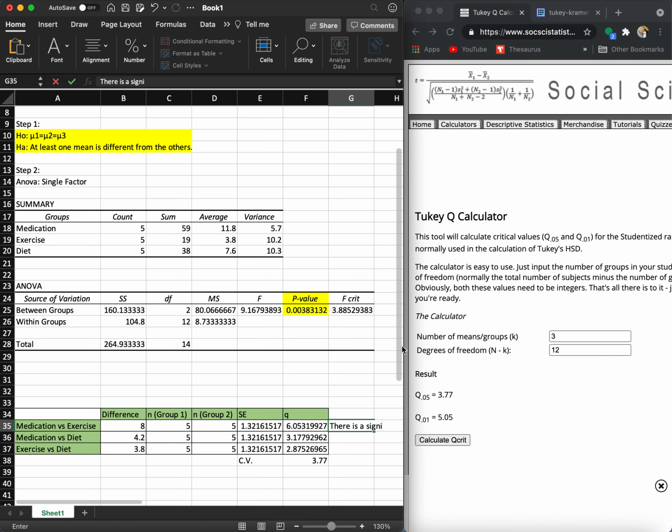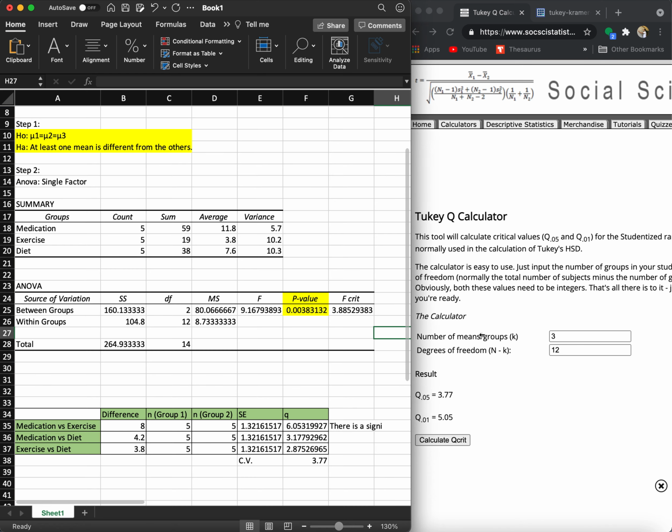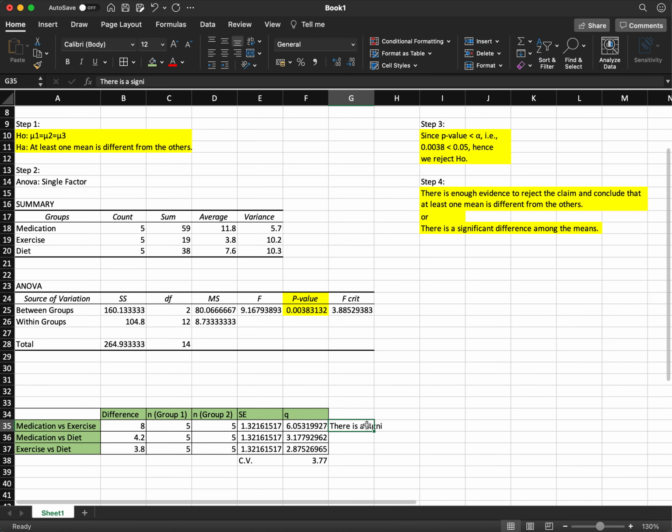So we say that there is a significant difference between medication and exercise.